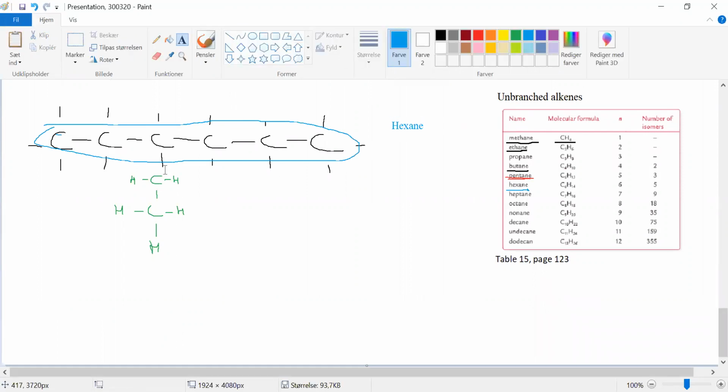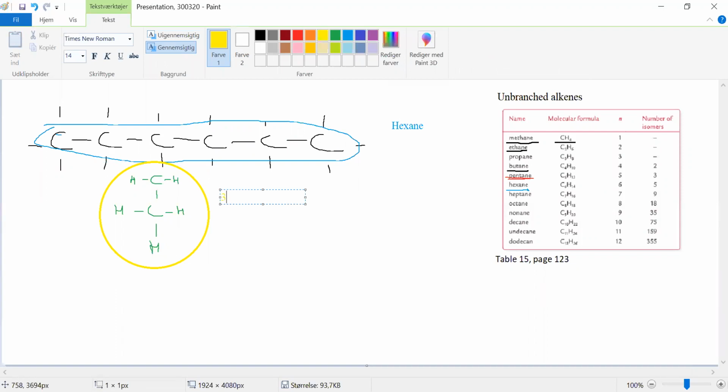But now we have 2 carbons in the substituents. So this is a new alkyl group that we haven't seen before. So this part here, that's a new one. And let's try and name this alkyl group or substituent. So we can see that there are 2 carbons. Oh, let me just choose another color.